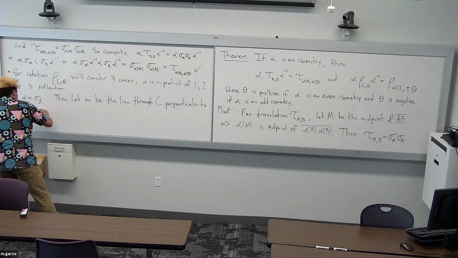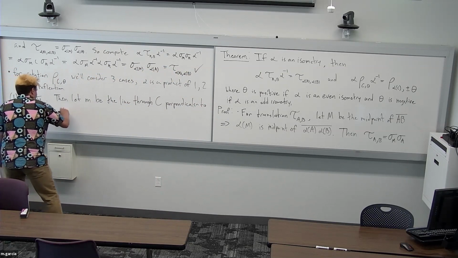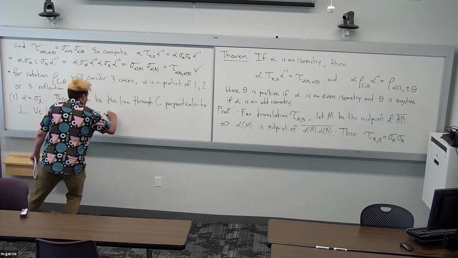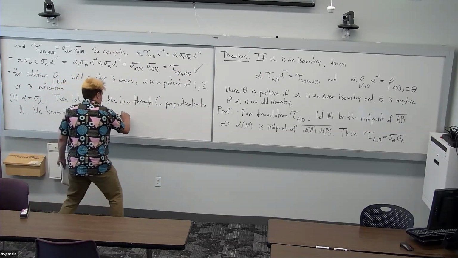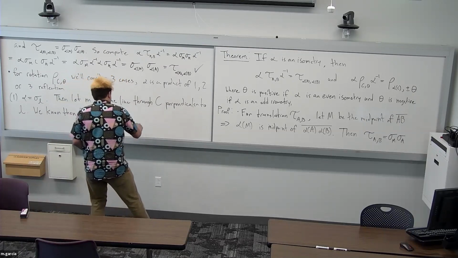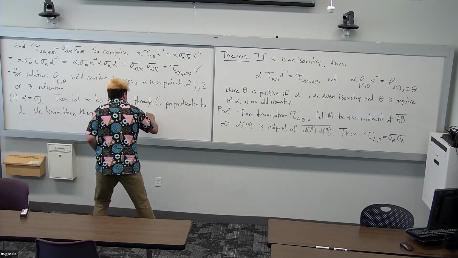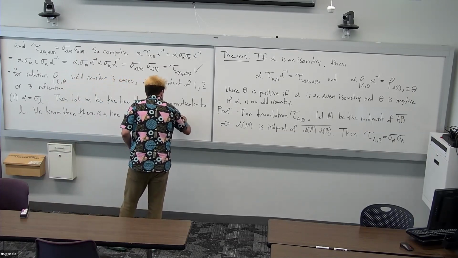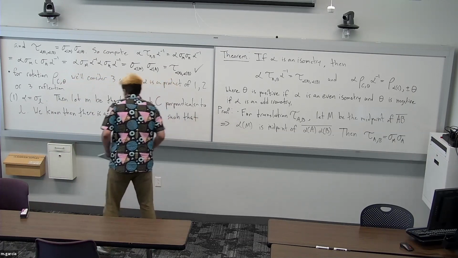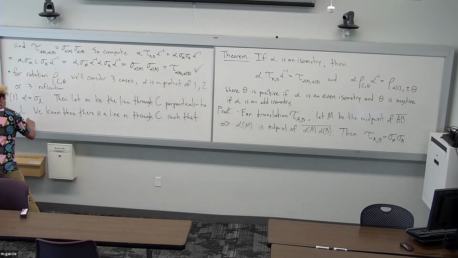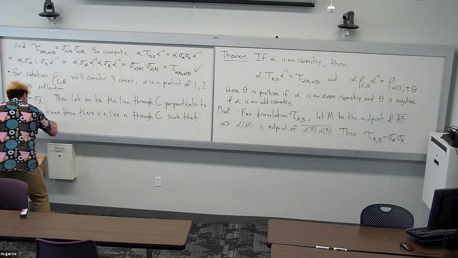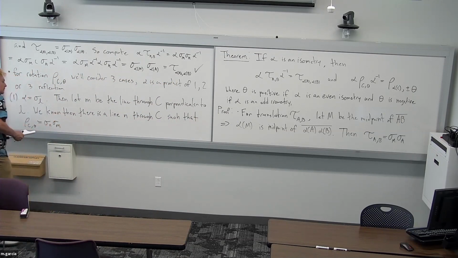So what we know then is there is a line N through C such that rho sub C comma theta is equal to sigma N sigma M, right?